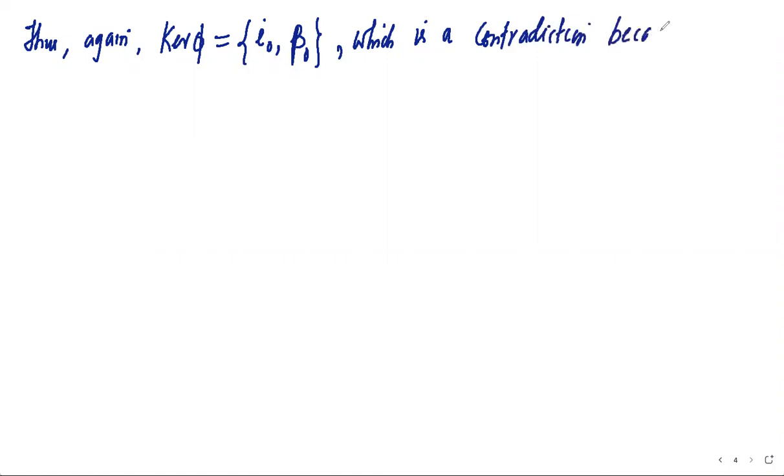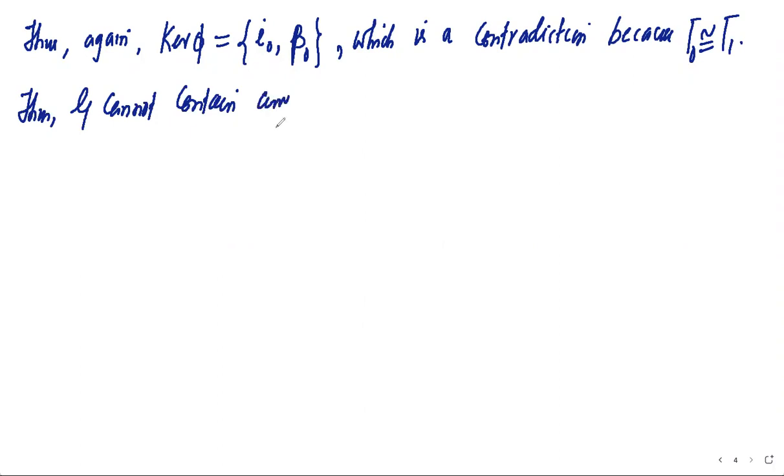because we had assumed that gamma 0 is isomorphic to gamma 1. Okay. So thus G cannot contain any component isomorphic to K2.